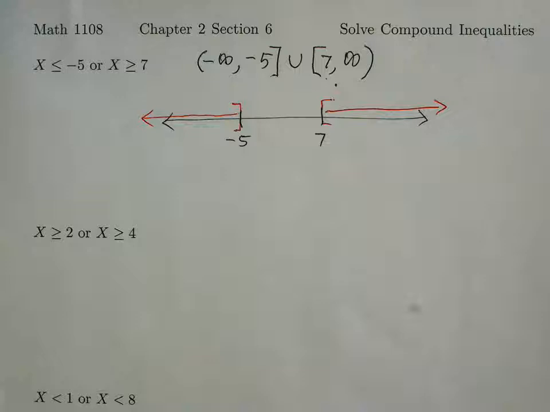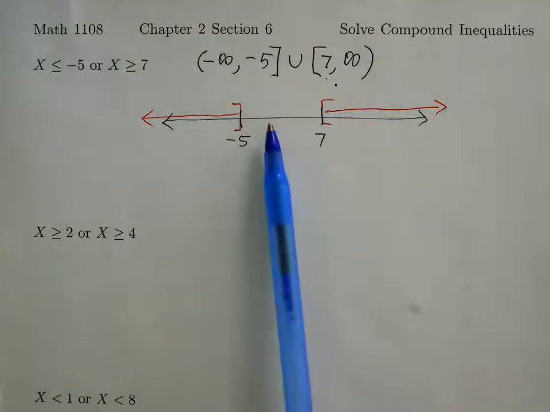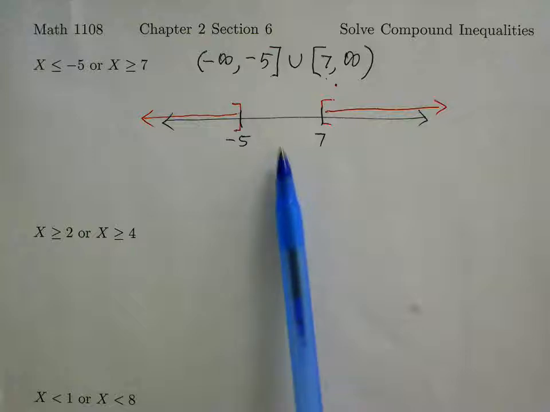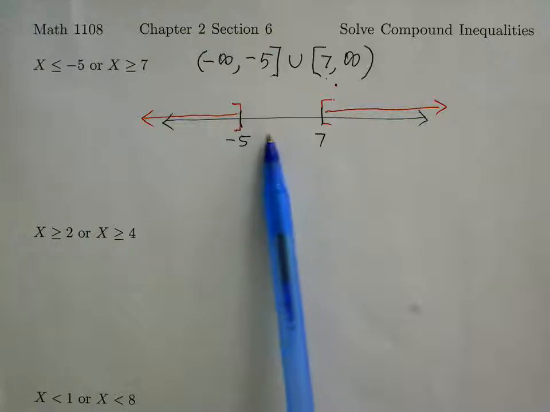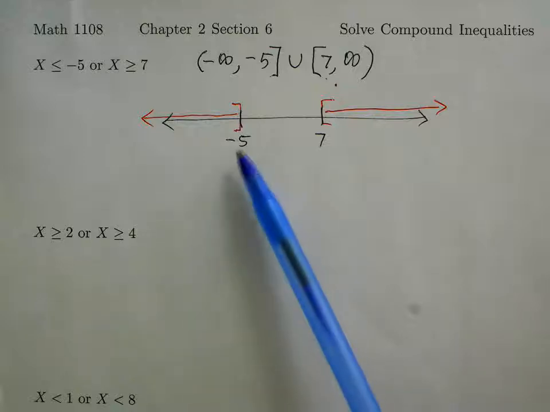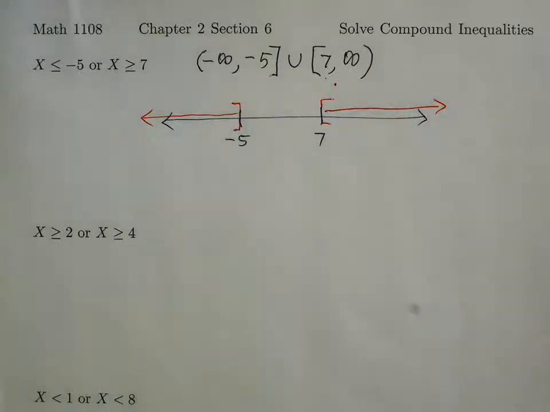Any other questions? So if you're online and didn't hear it, it was just asked, referring to the numbers that are excluded or that are not in the set. They're just strictly the numbers between -5 and 7. But the numbers -5 and 7 are part of the union.